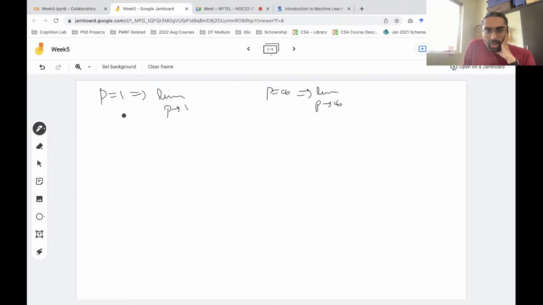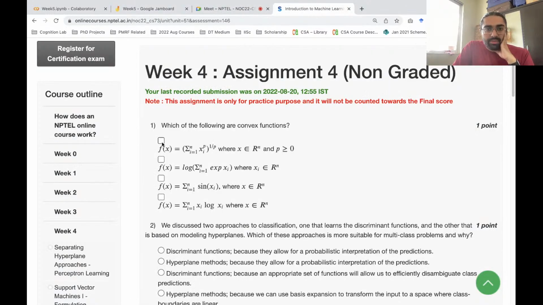And you can prove it for any value of p greater than 1 and less than infinity. This is all fine, but for p less than 1, this thing starts failing. Hence in that scenario, your first function is not a convex function.